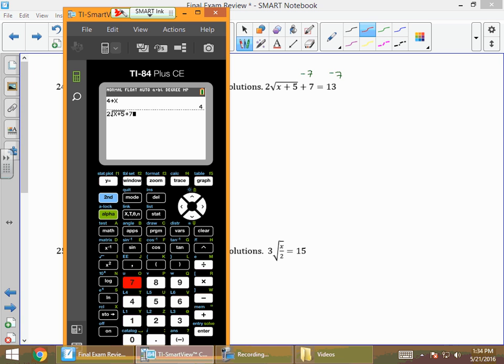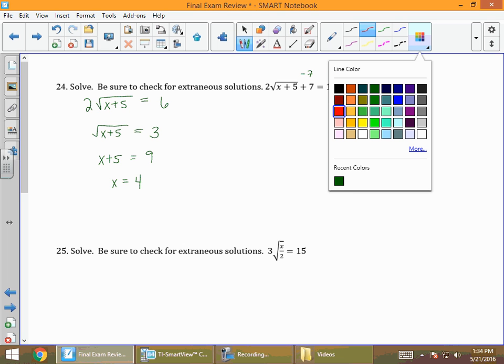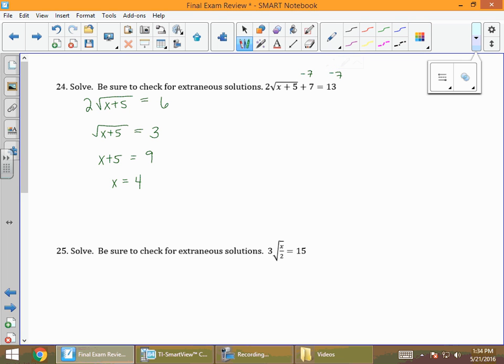If this does not equal 13, it is extraneous. It does equal 13, so this does work. It is not extraneous. When did that color change? That does work. It is not extraneous.